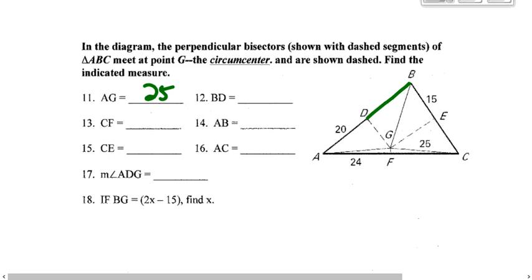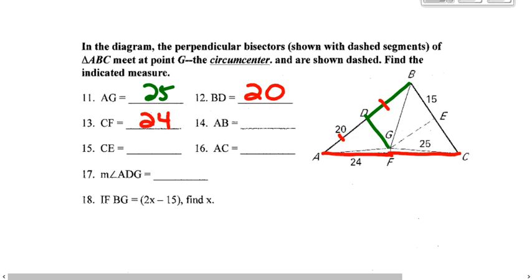Remember that these are the perpendicular bisectors, so this and this are congruent. So this would have to be 20. CF is the half of the base of the triangle, 24. CF is from here to here. If this is 24, then CF is 24.